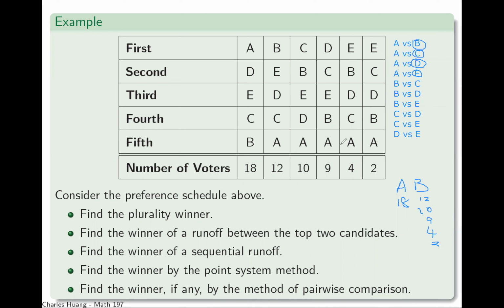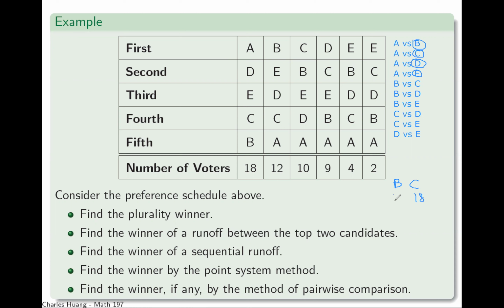And then we have to compare between B and C to see who wins. I had to get another piece of paper on the side, and I had to look at B versus C. In the first column, the 18 people, they like C more.